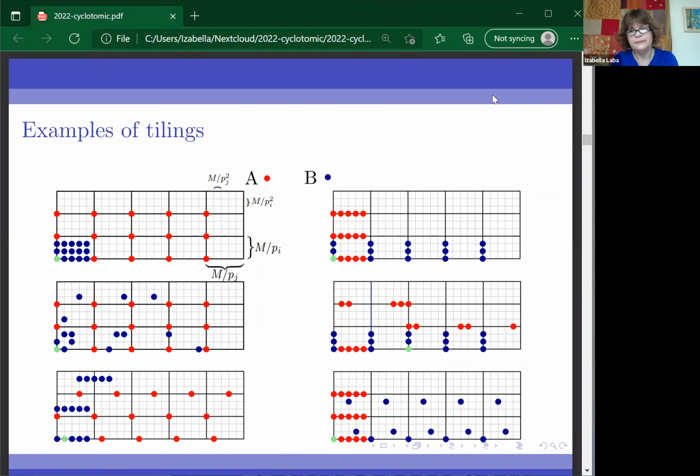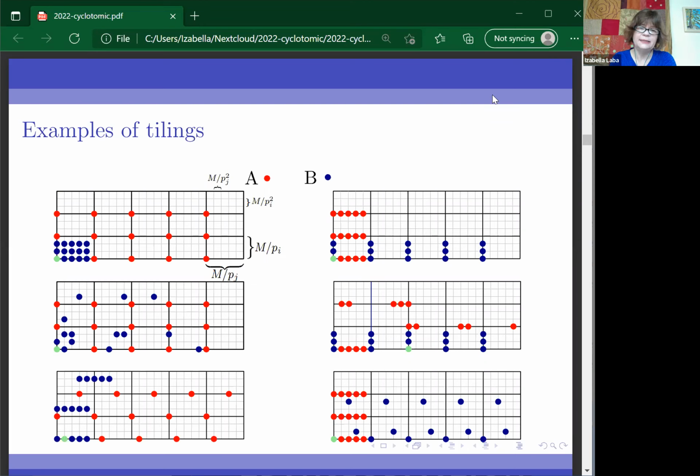These are all in 2 dimensions, just because that's easier to draw. At the top, you have tilings that look relatively simple. So you have a lattice for A and another lattice for B with different steps.